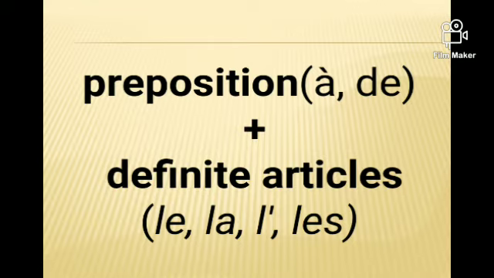The definite articles in French are le, la, l', and les, which mean the in English, and the preposition à, which means to, at, in. These combine to form the contracted articles. All these contracted articles can be translated as to the, at the, or in the.